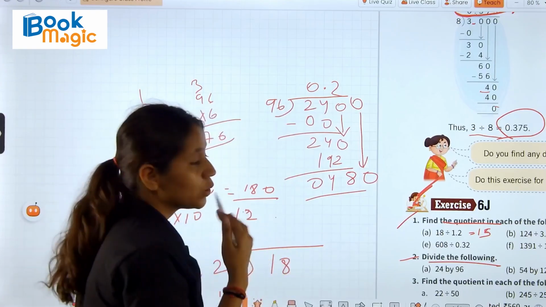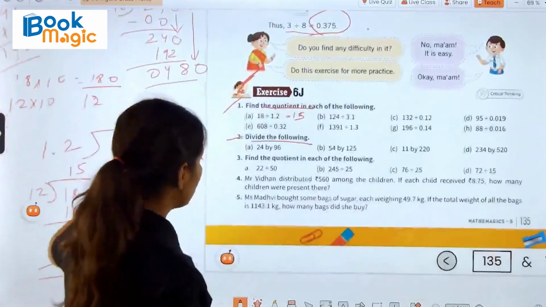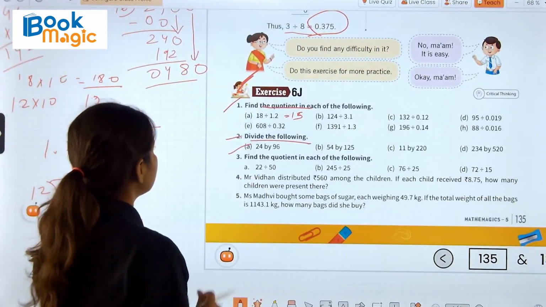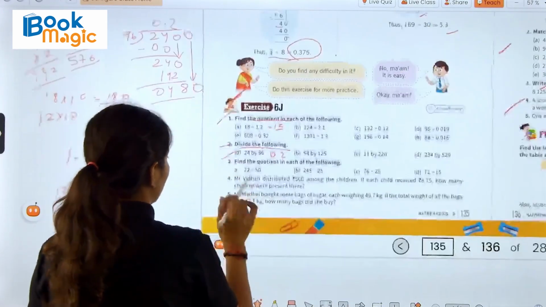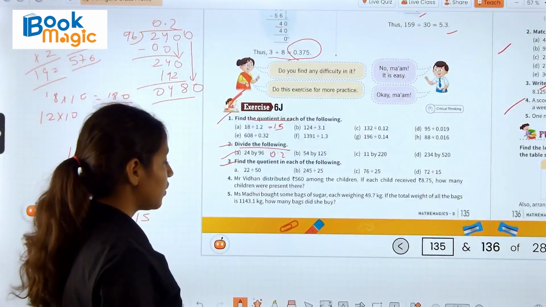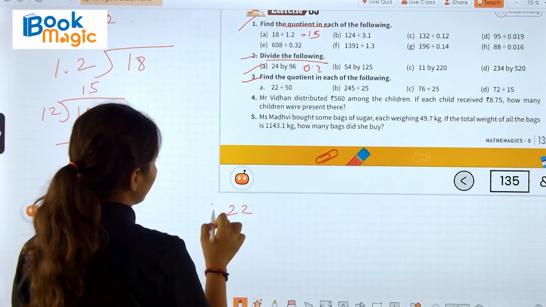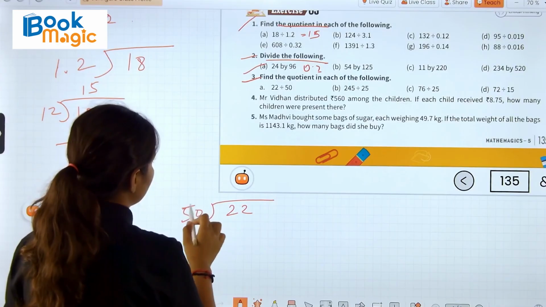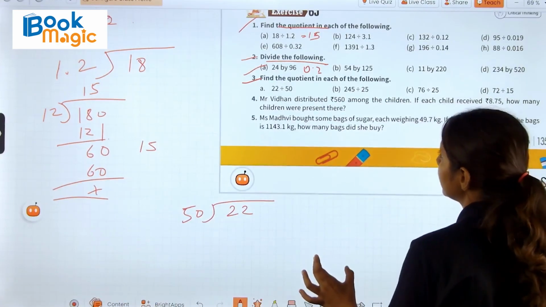This is how you will continue the division. Okay, then you can get the answer. The answer will start with 0.2 and so on. Now we have find the quotient in each of the following. 22 divided by 50. So 22 divided by 50. Again, we are having a smaller dividend than the divisor.